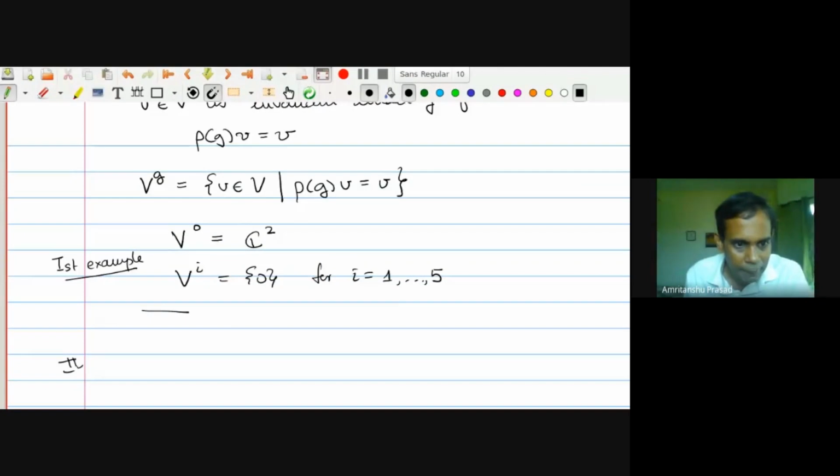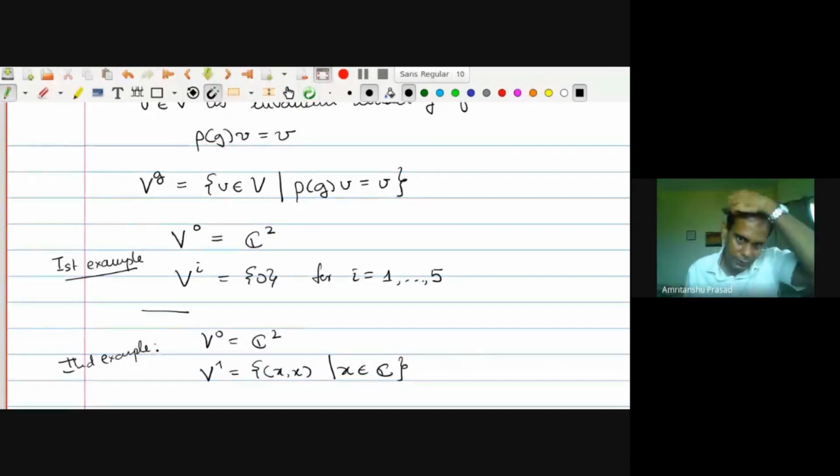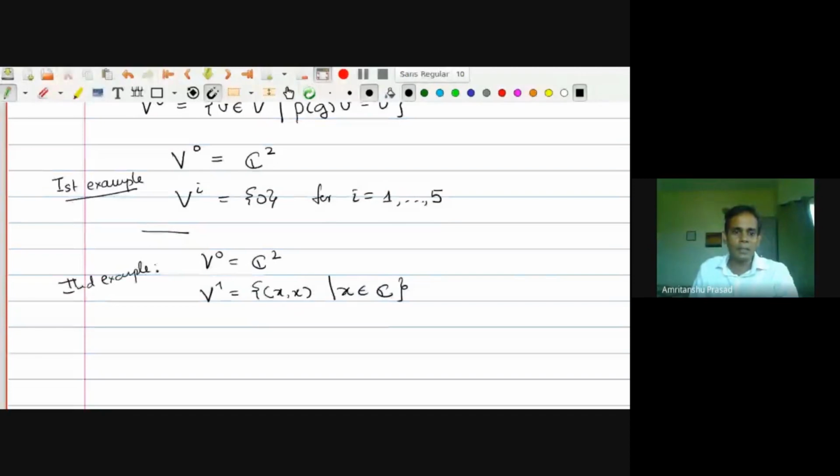In the second example, again V^0 is C^2, but V^1 is just (x, x), where x belongs to C, this one-dimensional subspace. And this V^g is always a subspace. It's easy to see that V^g is always a subspace.